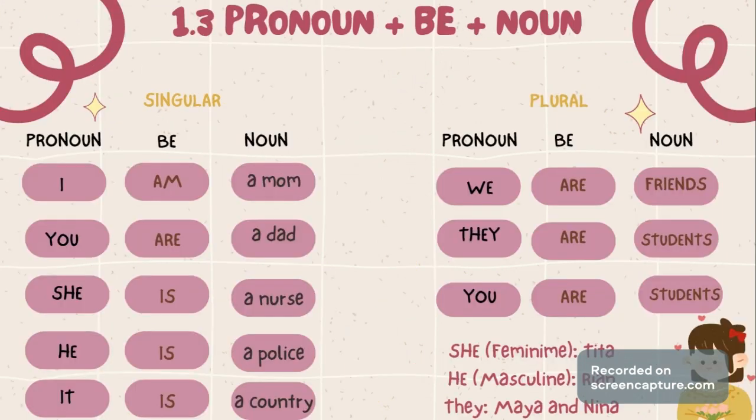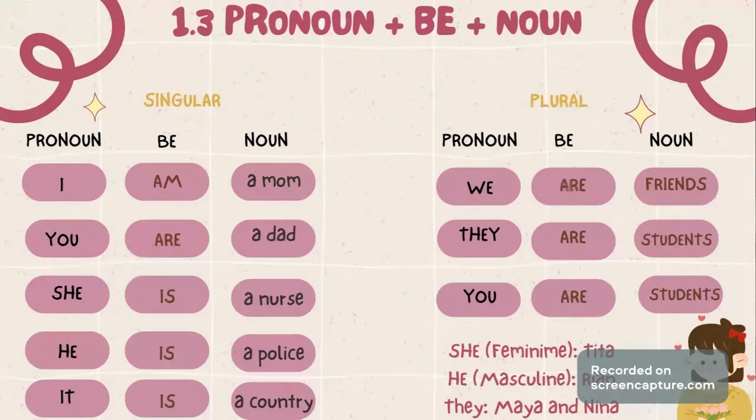Next, we have pronoun plus be plus noun. Do you know what a pronoun is? Yes, we have seven pronouns: I, you, we, they, she, he, it. But singular and plural pronouns are different.